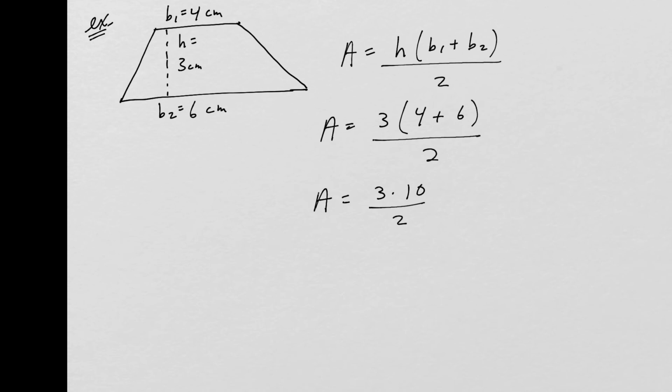I could simplify a little bit here, right? 2 goes into 2 once, 2 goes into 10 5 times. And then 3 times 5 is going to be 15. And again, it has units of centimeters squared because it's an area. So the area of that trapezoid, this two-dimensional region, is going to be 15 centimeters squared.